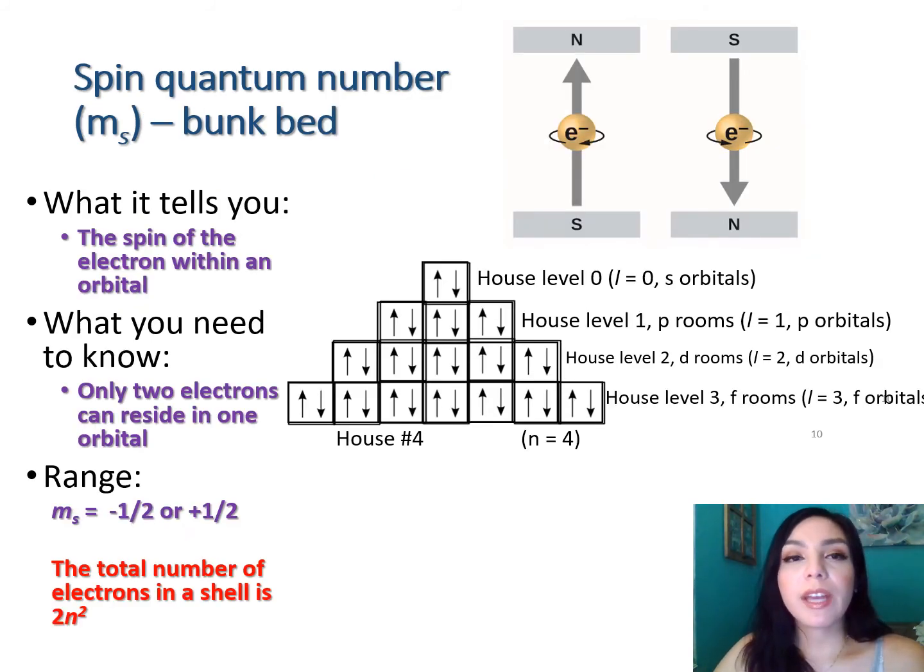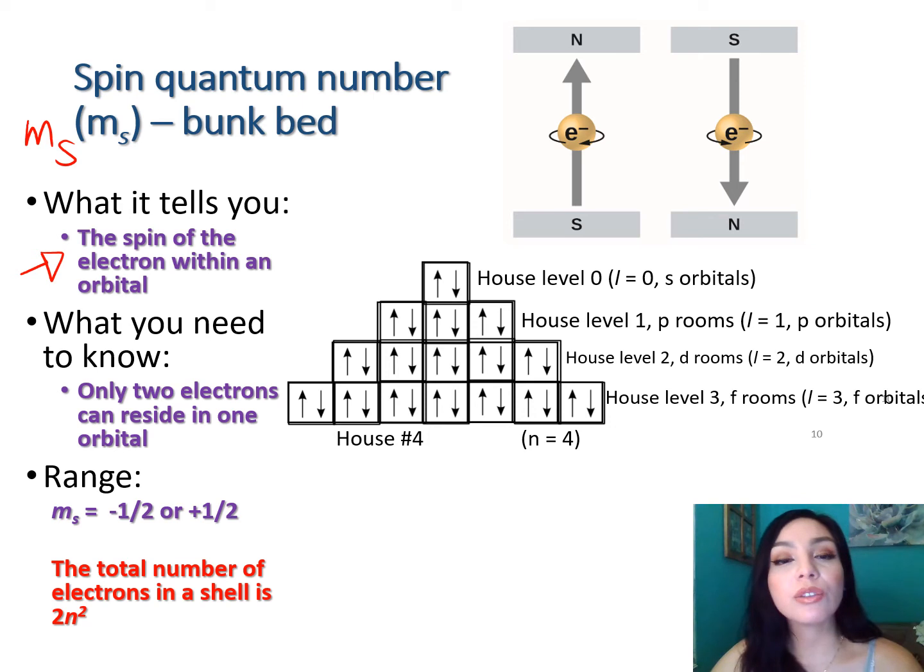And finally, we have the spin quantum number, which we denote with m subscript s. You can think of this as the bunk bed within the room that the orbital is in. So you have a total of 2 bunks, right? Just a regular bunk bed with a top and a bottom. In terms of how this relates to the quantum number, it tells you the spin of the electron within that orbital.